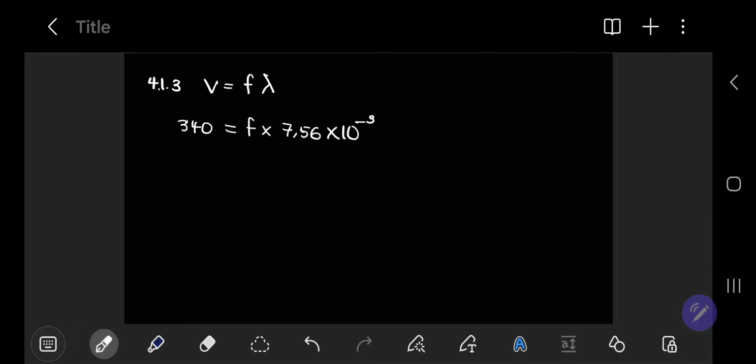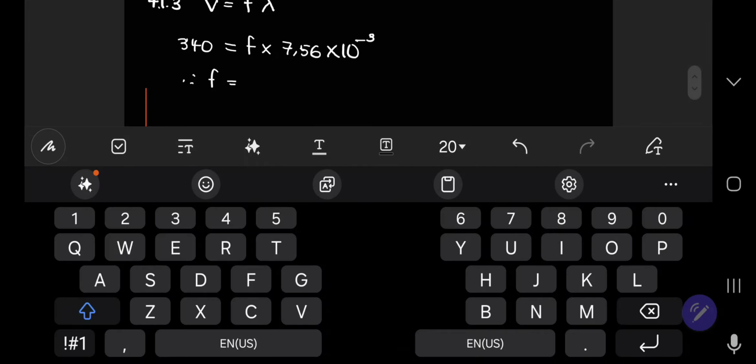Now to get F alone, you're going to divide both sides by the 7.56 times 10 to the minus 3. And what you end up with as frequency is 44,973.5 hertz.